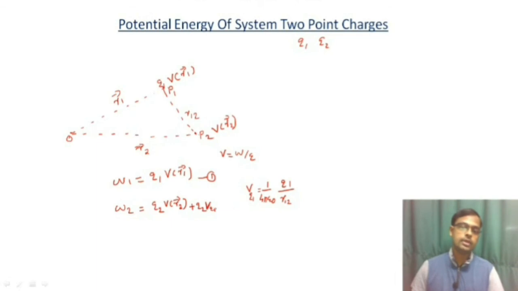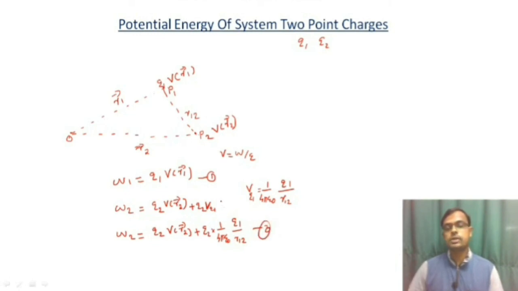So what is the net work done to bring the Q2? That is equal to Q2 into V of R2 vector plus Q2 into the potential due to the charge Q1, that is 1 by 4 pi epsilon 0 Q1 divided by R12.